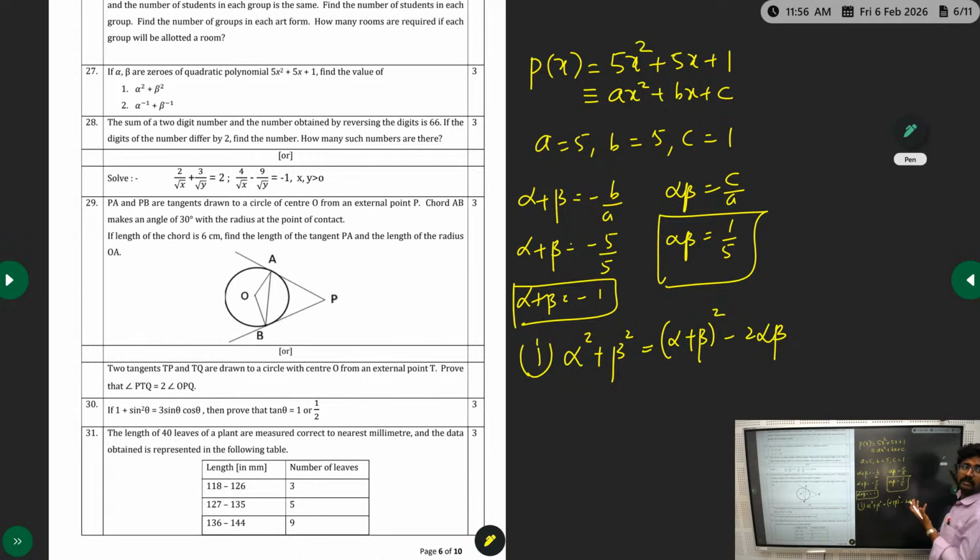Substitute and tell me the answer. Minus 1 whole square is 1, minus 2 into 1 by 5. 5 minus 2, 3 by 5. Correct. Second one is 1 by alpha plus 1 by beta, which is nothing but minus b by c. Minus 5. Correct.